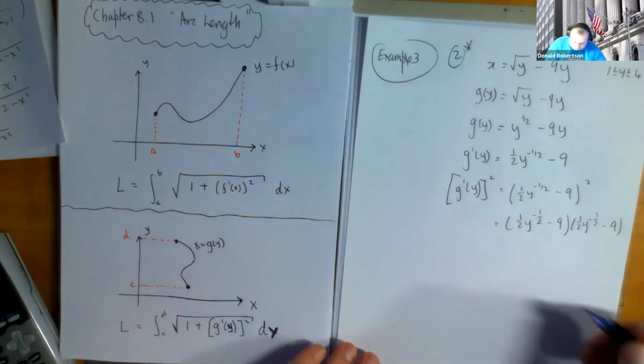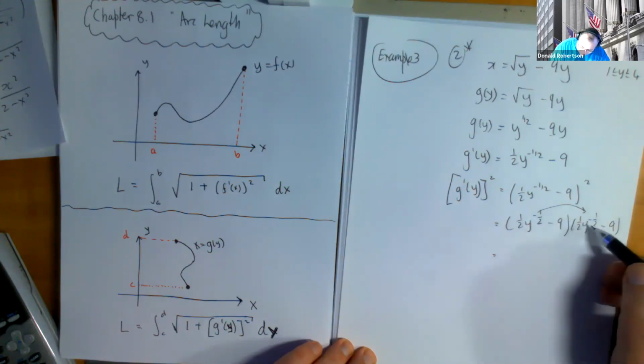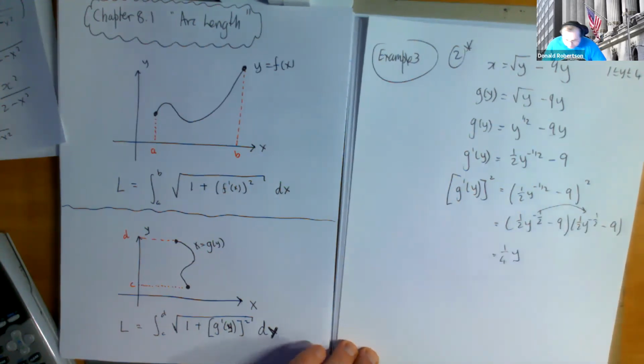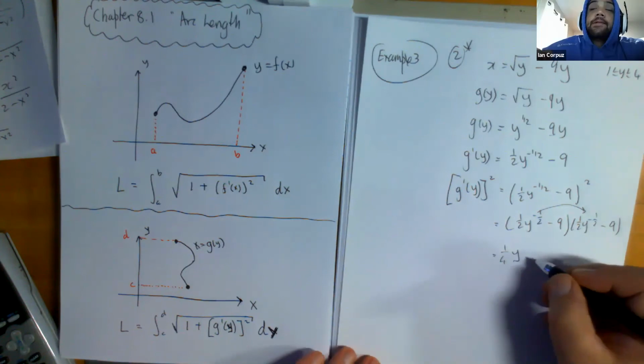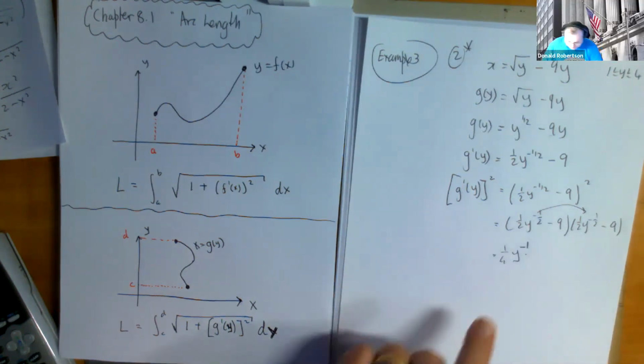It wouldn't matter. Okay, what happens if you go this half times this half, you get 1/4. What power of y do you get when you multiply these two together? -1. Correct. So that times that to the power of -1.